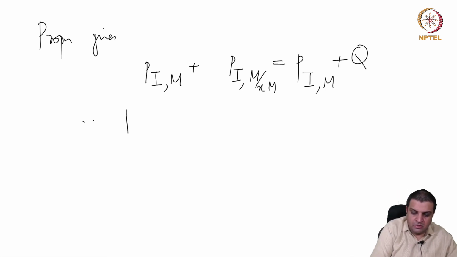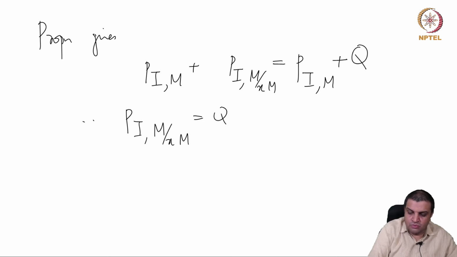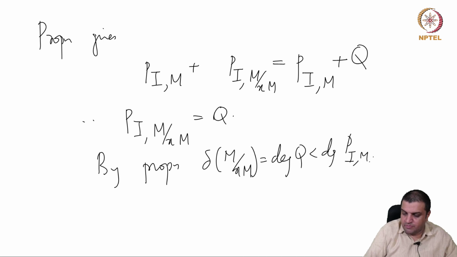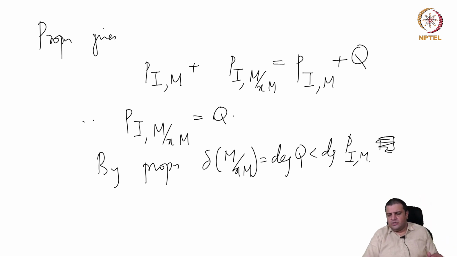Therefore, PIM mod xM is q, and by the proposition, delta of M mod xM is degree of q, which is less than degree of PIM, which is what we wanted to prove. So if you have a non-zero divisor and you go modulo that, then delta strictly decreases.